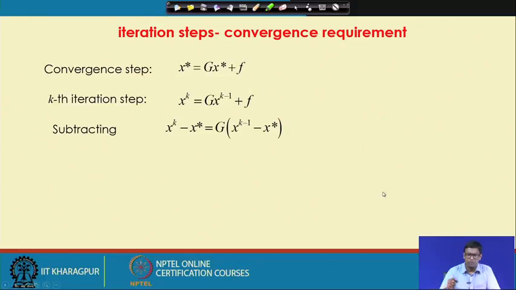Subtracting, we get x_k minus x star is equal to G times (x_(k-1) minus x star), which is relation 2.